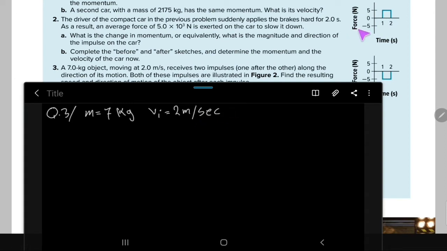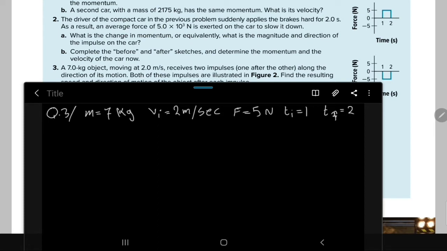Now, from figure 1, we have the force and here we have the time. So, the force is equal to 5, so we have F equal to 5 Newton. And here we have the time. Here we have T1 and here we have T2. So, T initial equal to 1 second and T2, or T final, equal to 2 seconds.